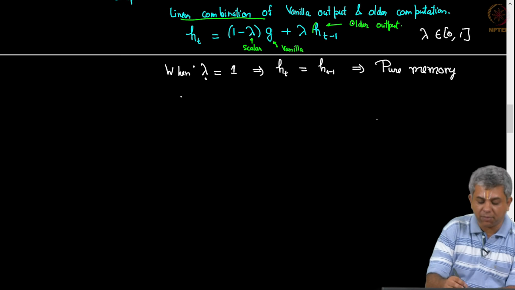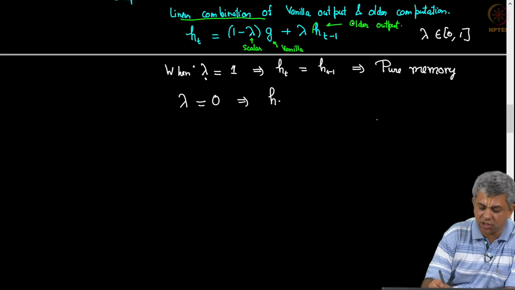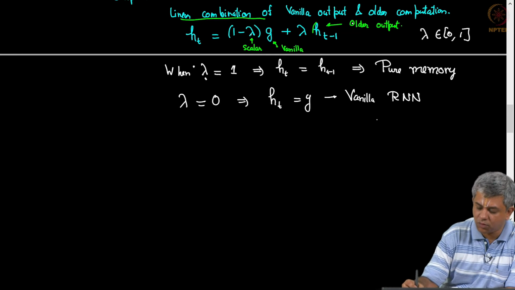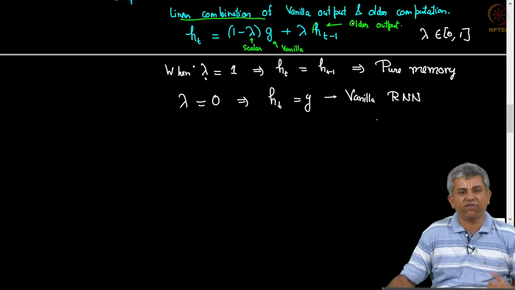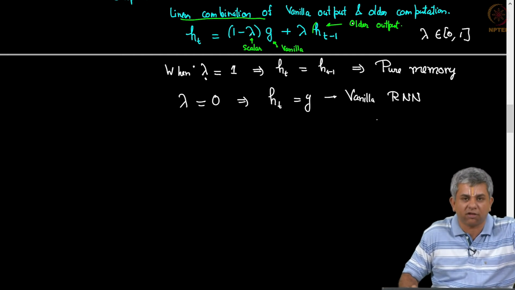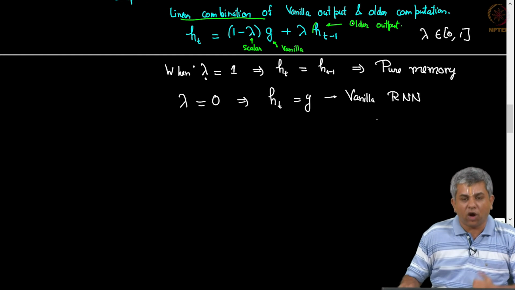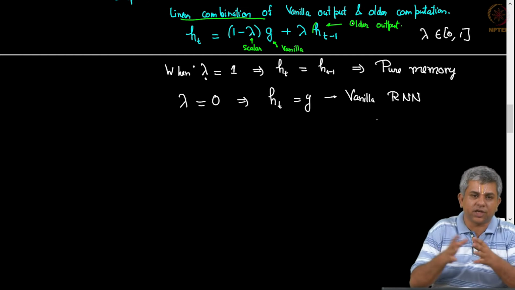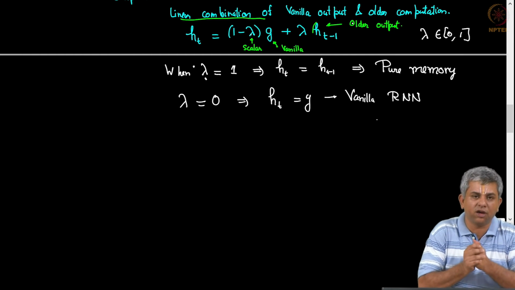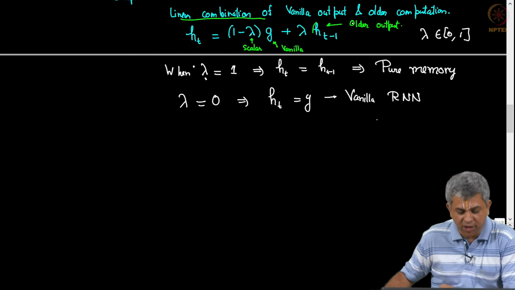When lambda is 0, HT is equal to G, which is plain RNN. So, you can think of simplified GRU effectively as a linear combination of just memorizing and not saying anything, where every word will mean the same thing if we are using a language task, or pure RNN. It is sort of an interpolation between a pure memory task and a pure computation task. That is what simplified GRU does.